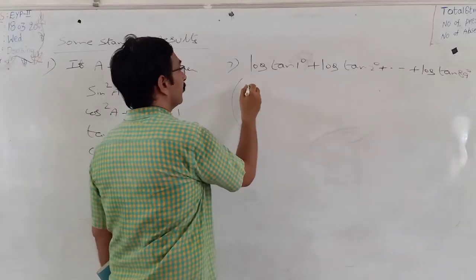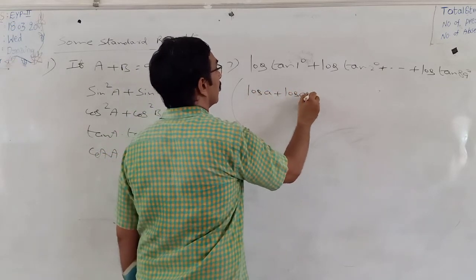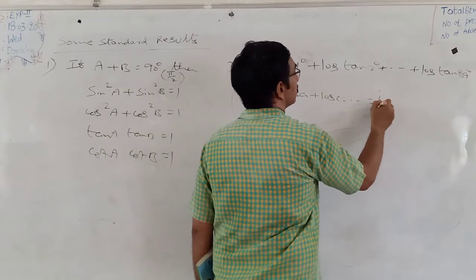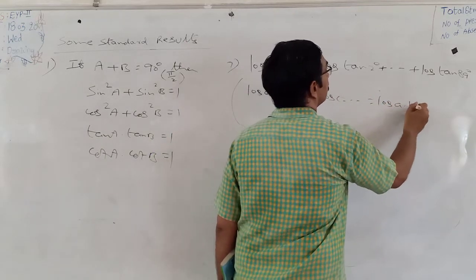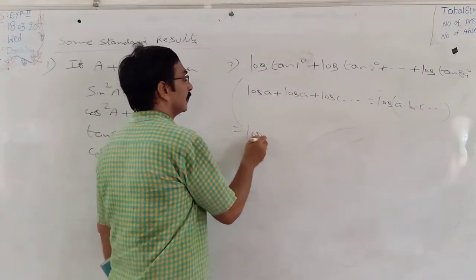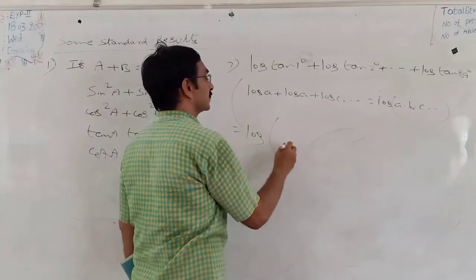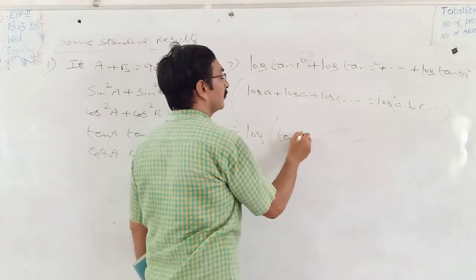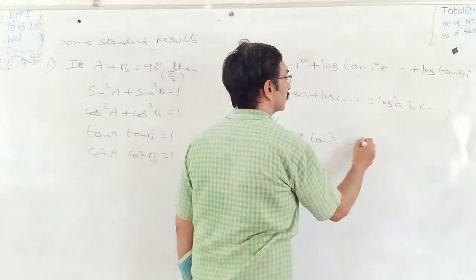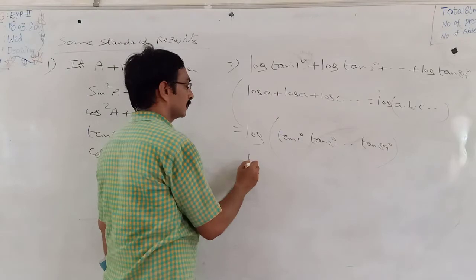One of the properties of logarithms is log a plus log b plus log c, and so on, equals log of a into b into c, and so on. Therefore, this becomes log of tan 1 degrees, tan 2 degrees, and so on up to tan 89 degrees.